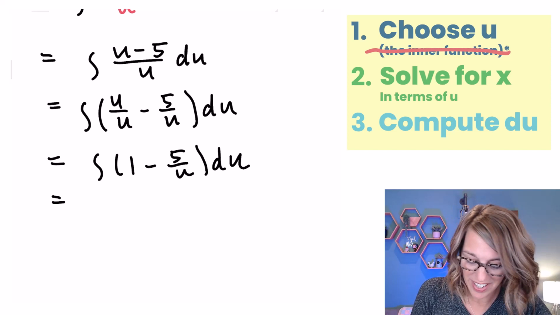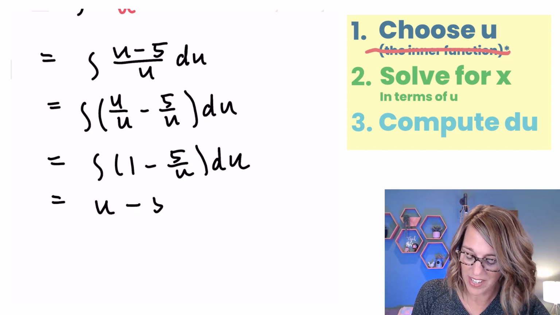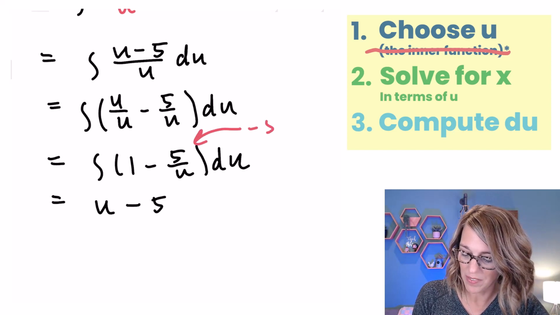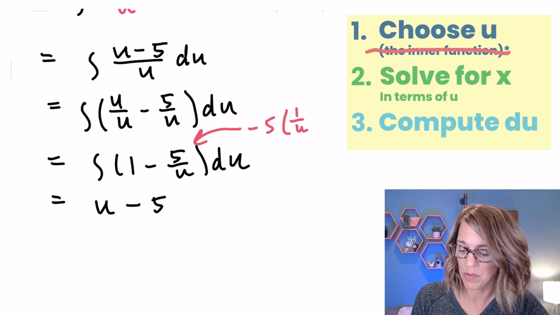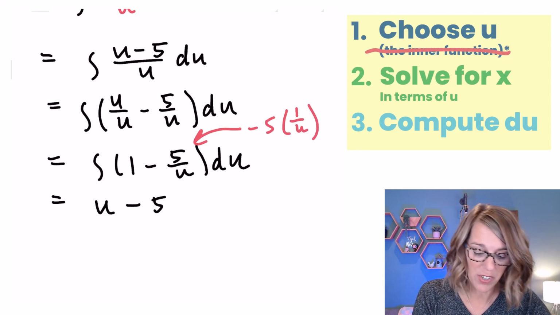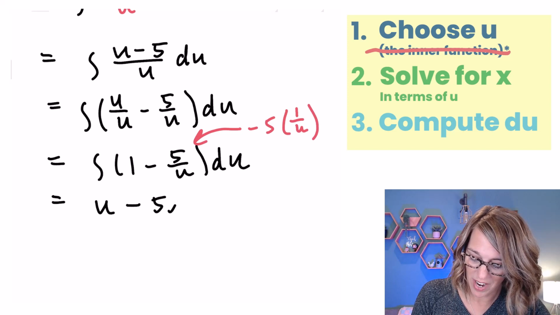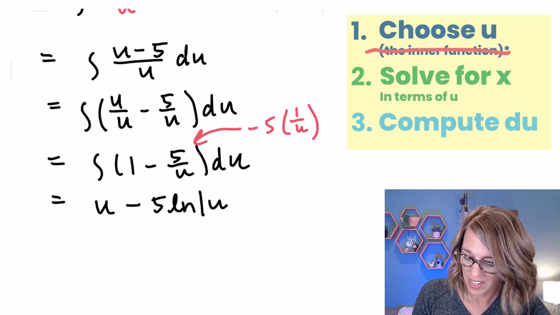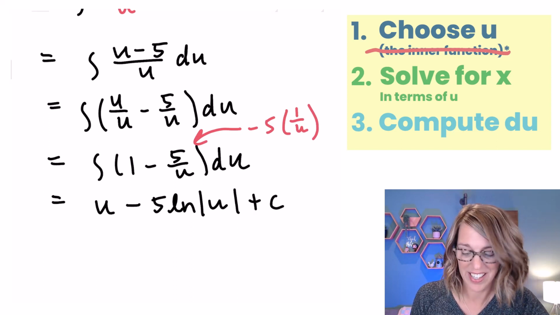The integral of 1 in terms of u is u. I'm going to pull that minus 5 on the outside, and I'm going to think of this as minus 5 times 1 over u. Now I can take the integral of 1 over u, which is my natural log of u. So natural log, I'm going to put absolute value bars here of u. And then I've got my plus c on the outside.